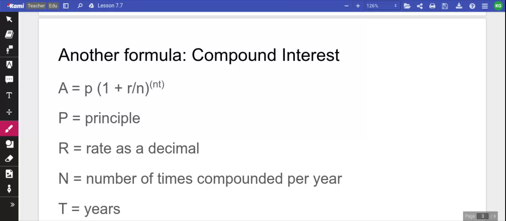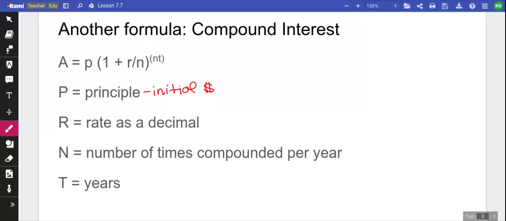So what we're going to have for that is A equals, and A is our amount, our dollar amount. P is our principal, which is our initial dollars. R is our rate as a decimal. And this time, since we're not doing exponential, since we're just doing interest, we don't have to add or subtract 100. But we still have to turn it into a decimal.